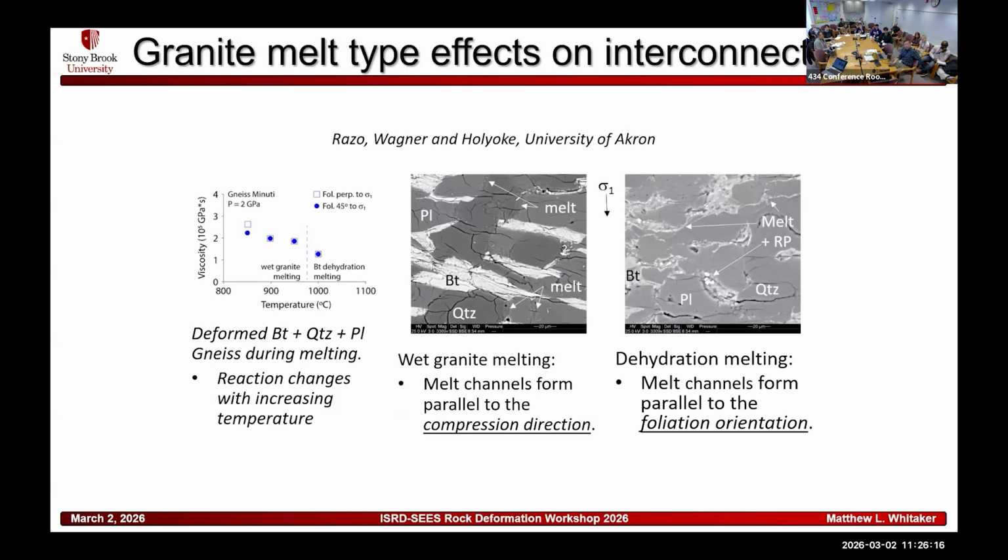So when there's wet granite melting, the melt channels form parallel to the compression direction. So they can deform this way as he spins this way. But for dehydration melting, you end up with it forming along the foliation direction, which is independent of the actual compression direction. So that is one example.